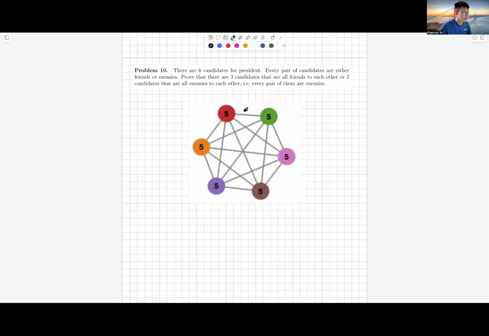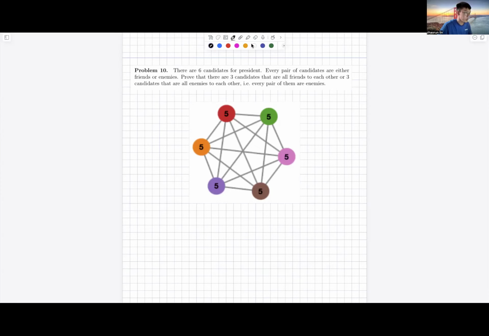So actually, their relationships represent a complete graph, right? Every node represents a candidate, and it has 5 edges to the other 5 candidates because he is either a friend or an enemy to each of the other 5 candidates. So this is a complete graph. Every node has an edge to every other node.